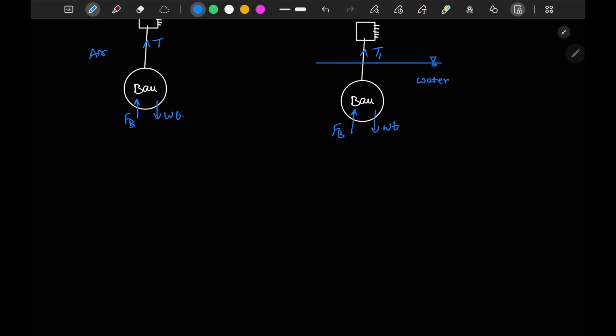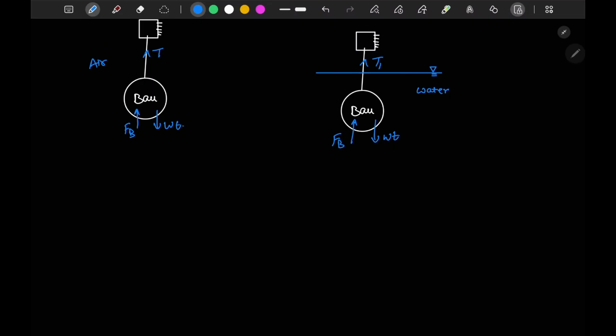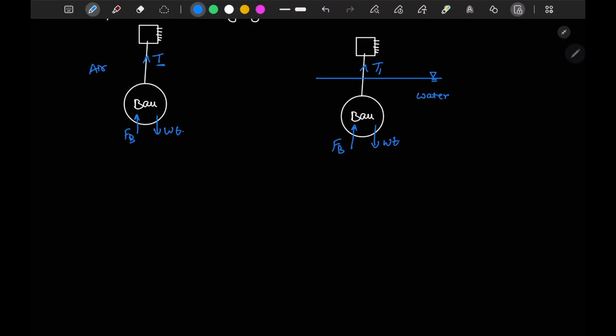So T will be the reading of this spring balance. Here T will be your weight minus FB.